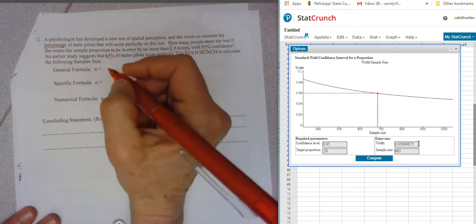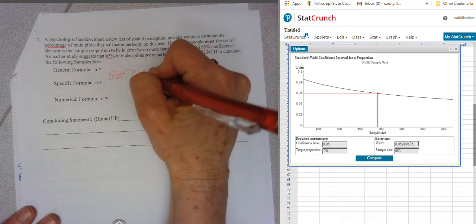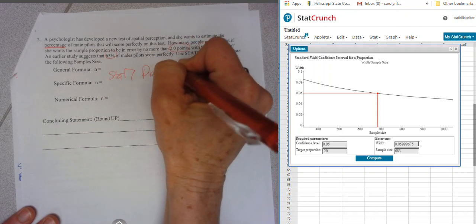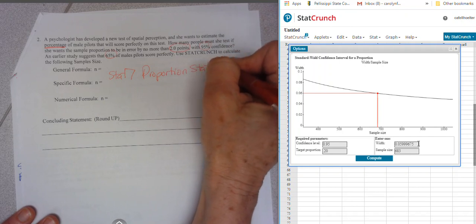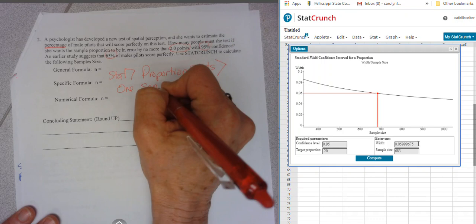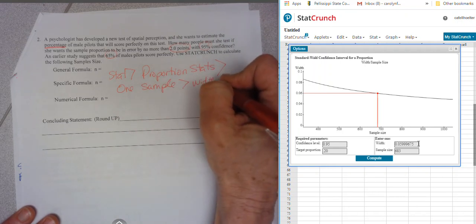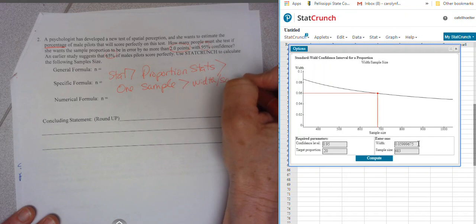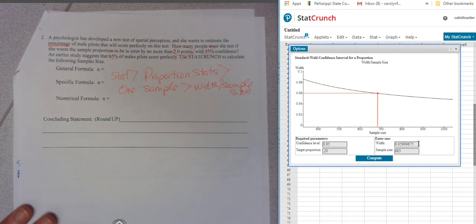So we are just going to use StatCrunch to do this. Stat, proportion stats, one sample, then we go to width/sample size.